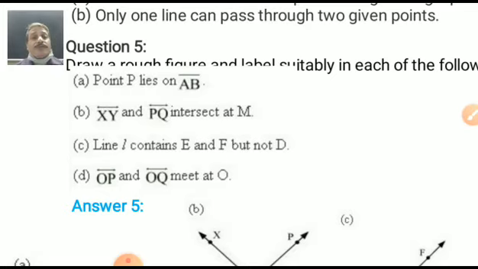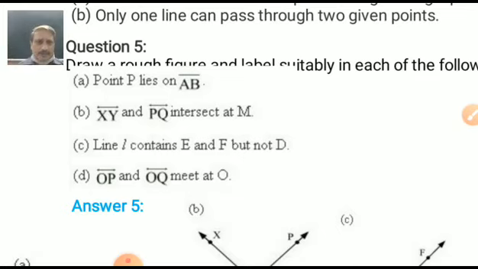Now you have to see the things. Little bit tough questions are coming because they are 2 marks or 3 marks questions. 4 questions they ask.